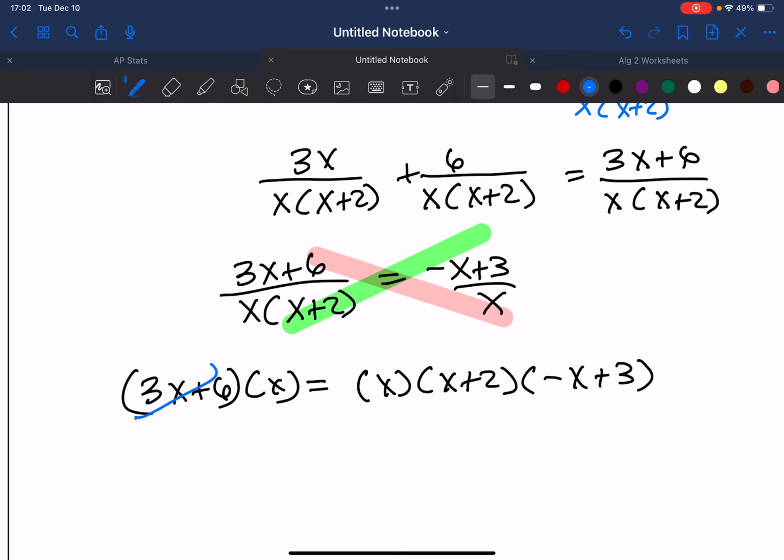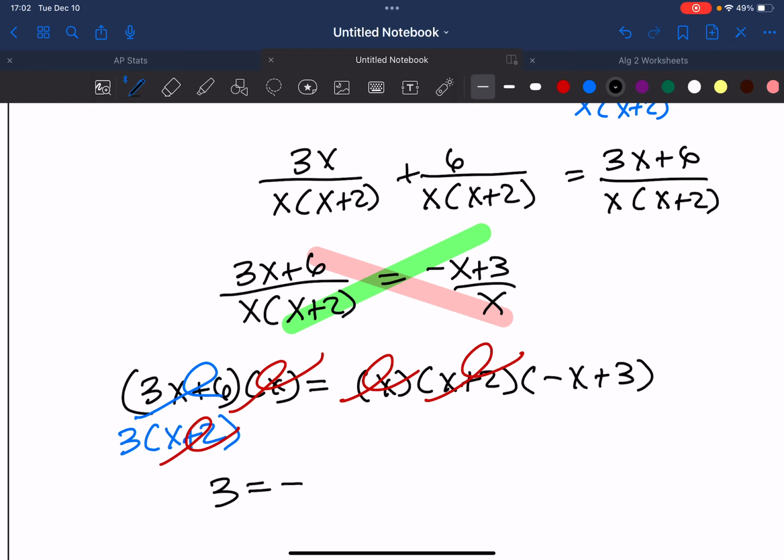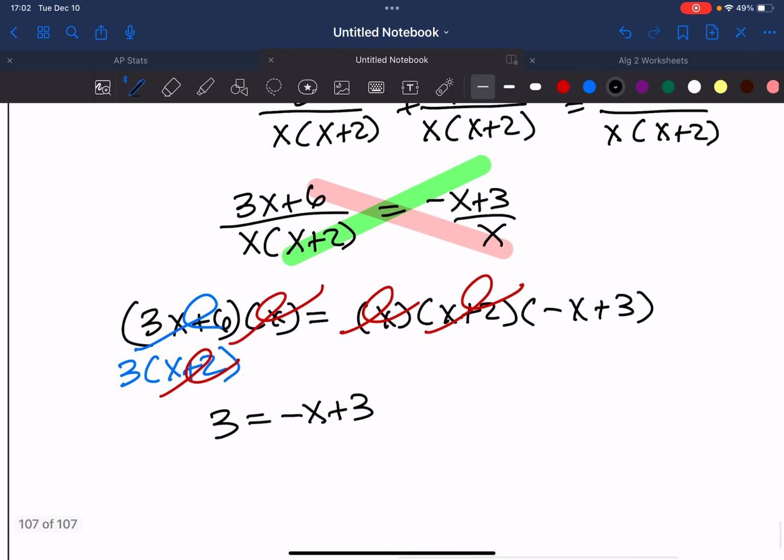Well, I can simplify this to be 3 times x plus 2, which means I can cancel the x plus 2's and the x's. So that means I am left with 3 is equal to negative x plus 3. If I subtract 3 to both sides, I get negative x is equal to 0, which implies that x equals 0.